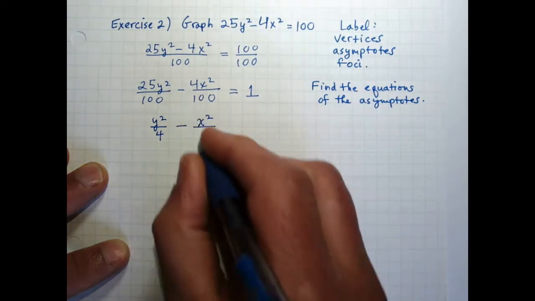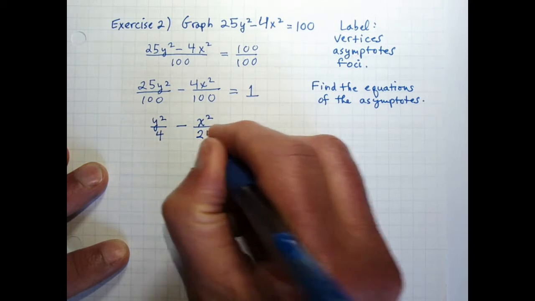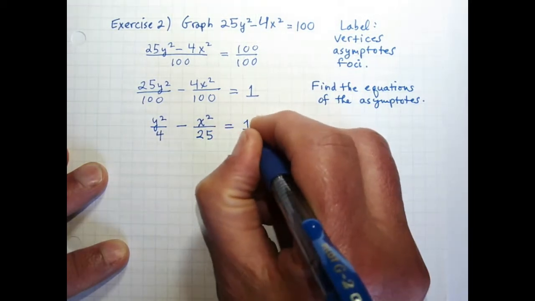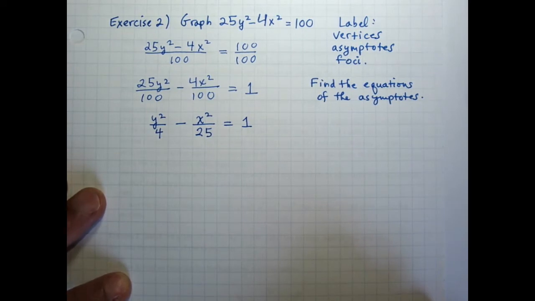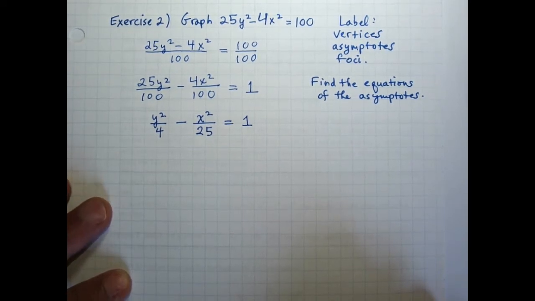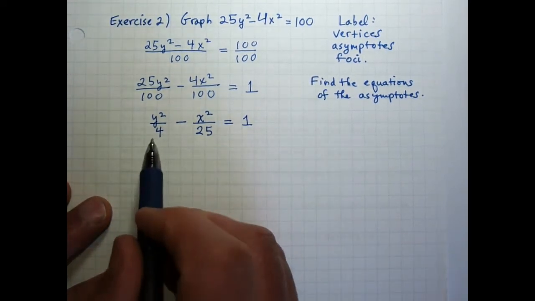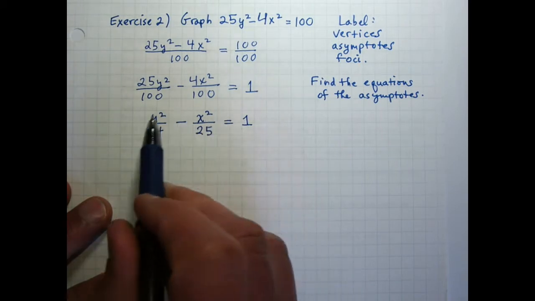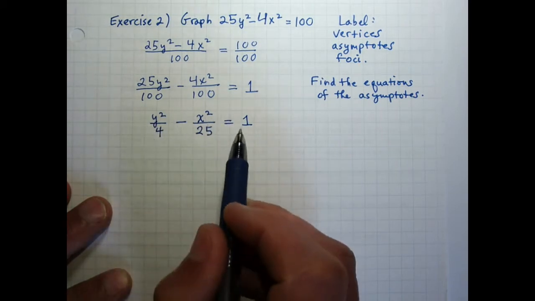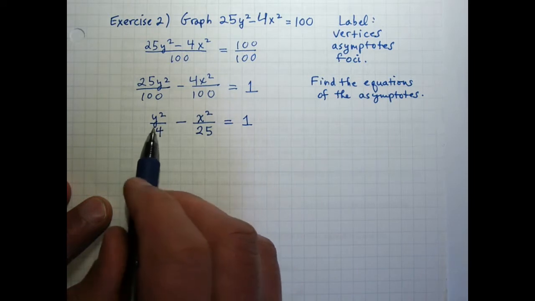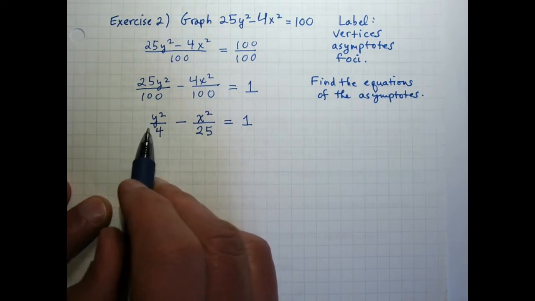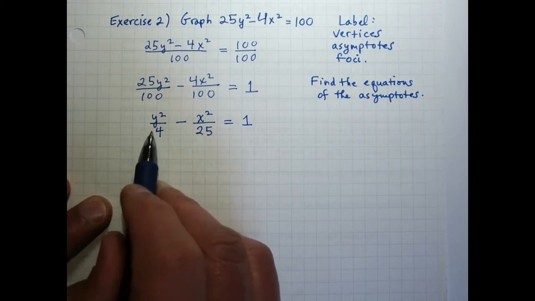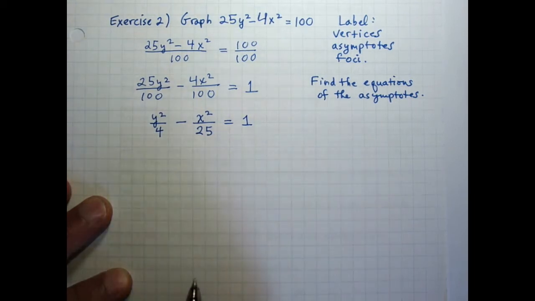If I divide by 4 above and below, I get x squared over 25 equals 1. So there, it wasn't too hard to put that equation into standard form. And now, again, if you learn to recognize the way this equation looks, because the y squared term has positive coefficient, you should suspect that I have y-intercepts and not x-intercepts.